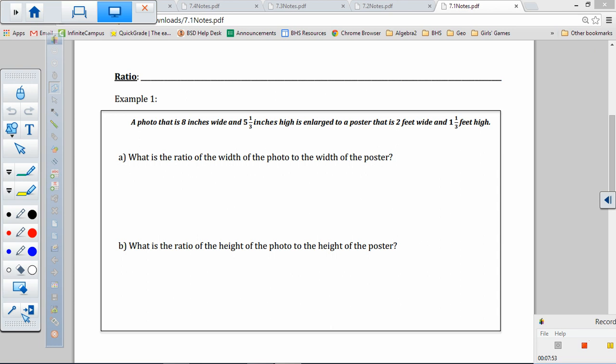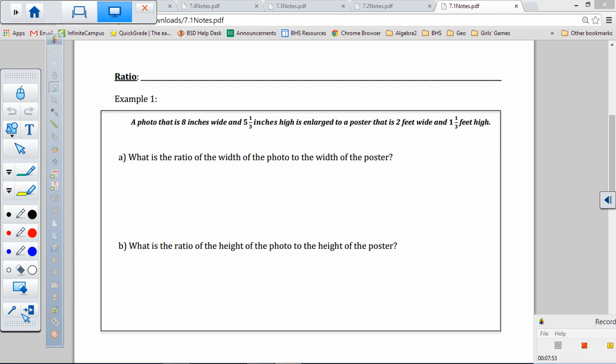So this example is a photo that is 8 inches wide and 5 1/3 inches high is enlarged to a poster that is 2 feet wide and 1 1/3 feet high. So we're doing an enlargement. Before I do the problem, I always like to have a visual, and it doesn't have to be super accurate. Here's my photo.